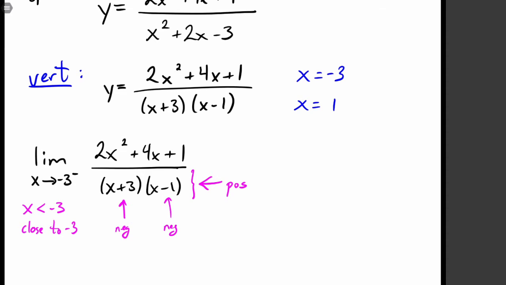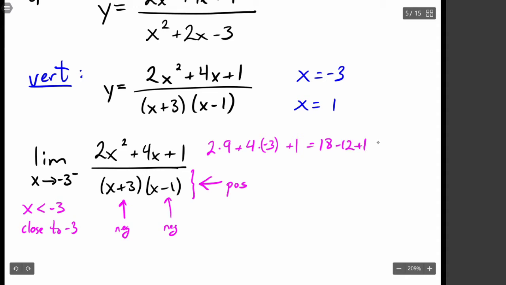It's not going to change sign that quickly. So let's just plug in negative 3 here, and we'd get 2 times 9 plus 4 times 3 plus 1. So that's 18 minus 12 plus 1, and this is greater than 0. So the top is also positive.